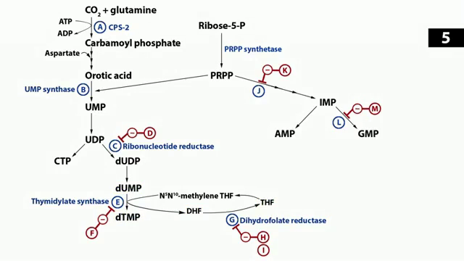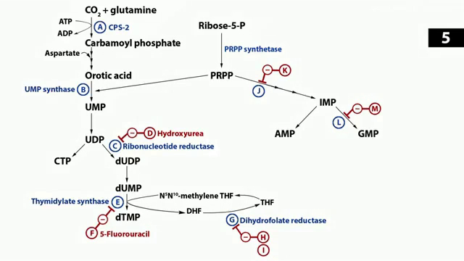So going back up to letter D, the drug that inhibits ribonucleotide reductase is hydroxyurea. Hydroxyurea is used in the treatment of sickle cell disease and is sometimes used to treat cancer. Letter F is 5-fluorouracil, which is another cancer drug that inhibits pyrimidine synthesis by inhibiting thymidylate synthase, which was letter E. So 5-FU is an analog of uracil that irreversibly binds to thymidylate synthase, and it blocks this pathway.